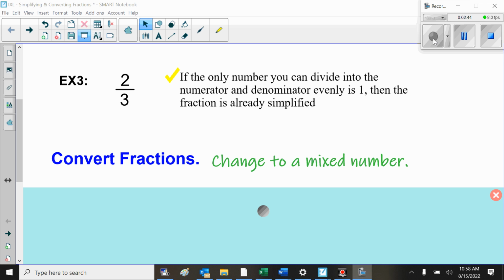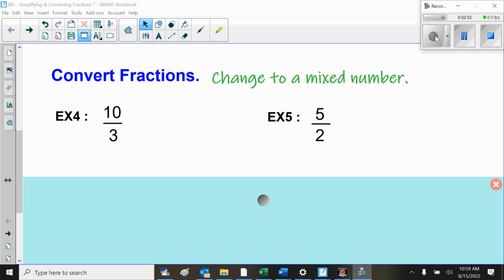So now we're going to convert fractions and we're going to change to a mixed number. Okay? You guys know what a mixed number is? All right. So, example 4 and 5, we've got 10/3 and we have 5/2.